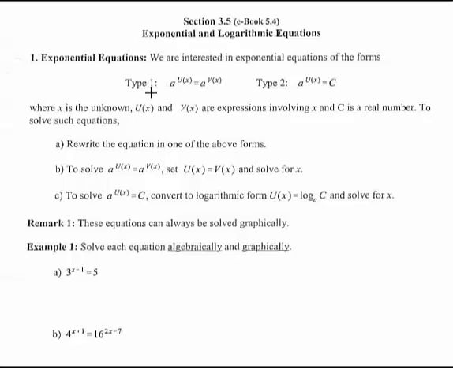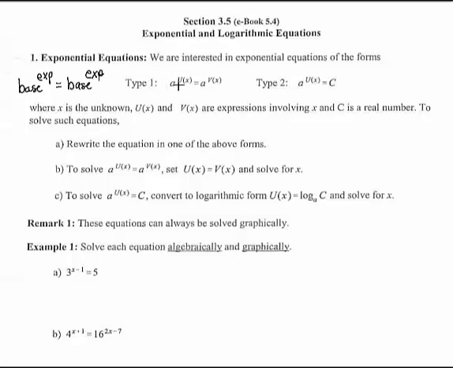So to get started, we're shown two different types of exponential equations. What's the big difference between the two? Well, for type 1, we have a base and an exponent equal to, on the right hand side, a base that's equal to the first base, and then we have some different exponent on the right.